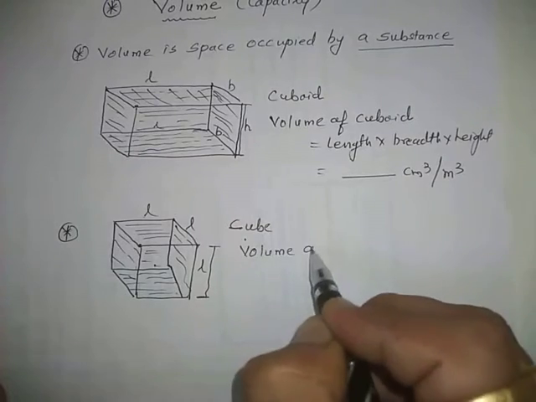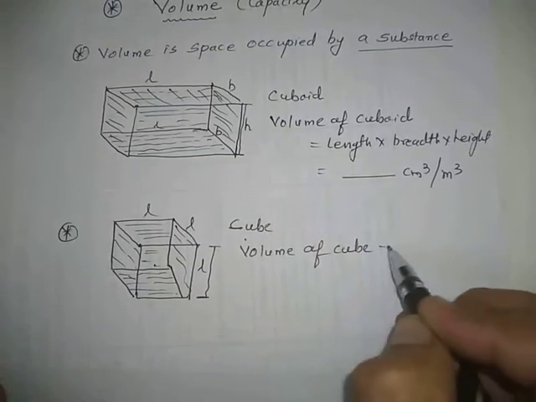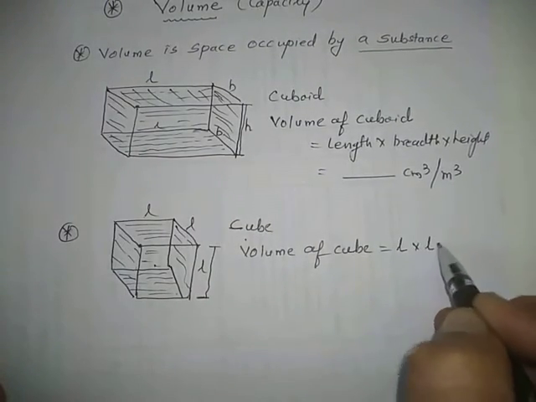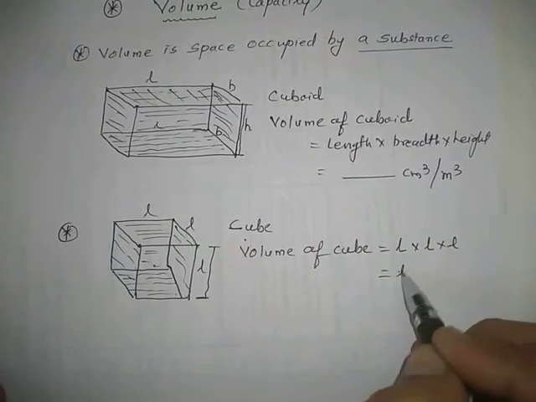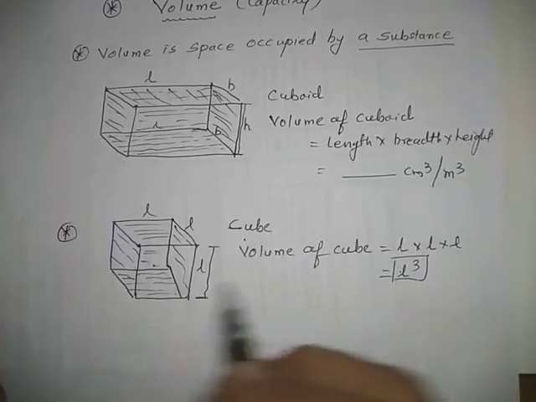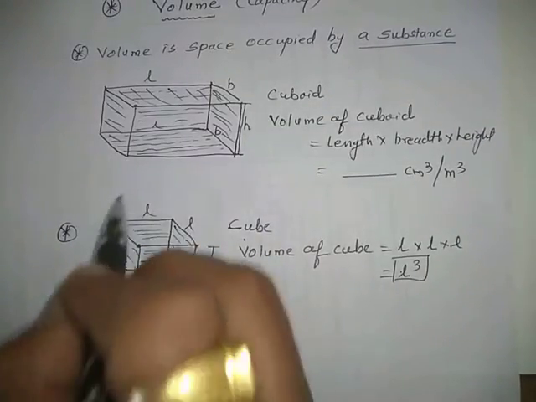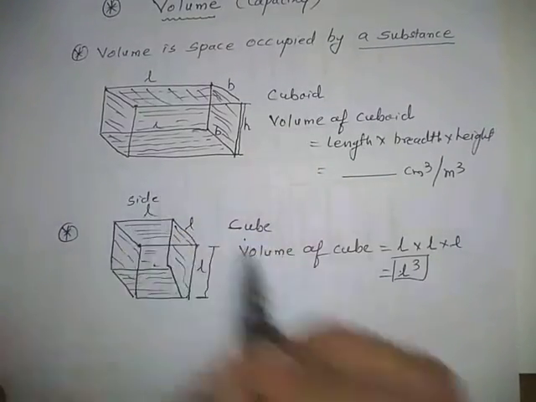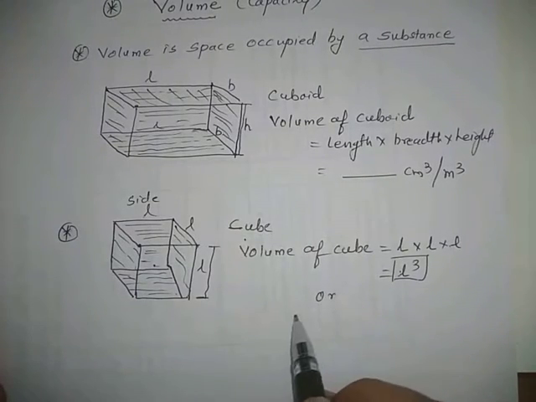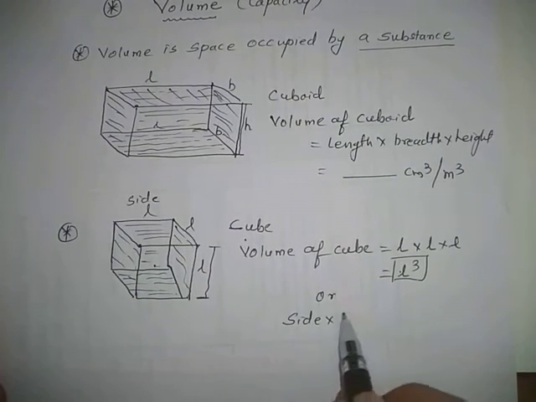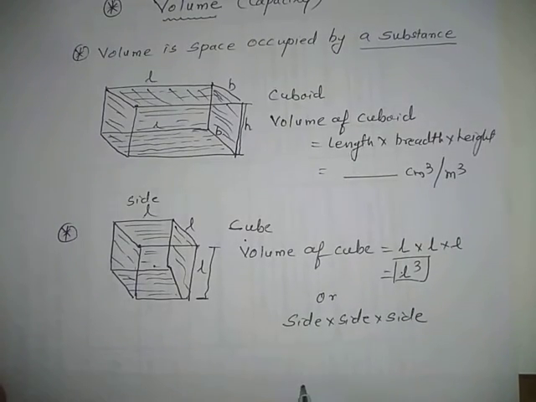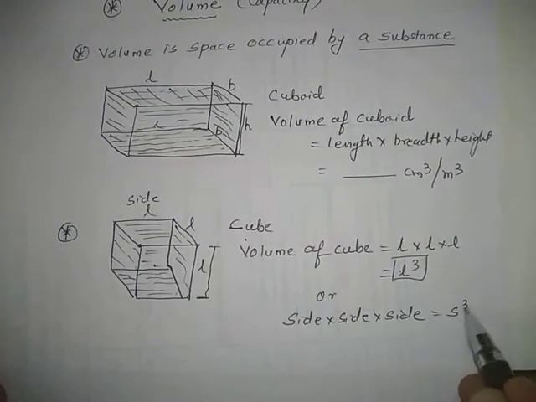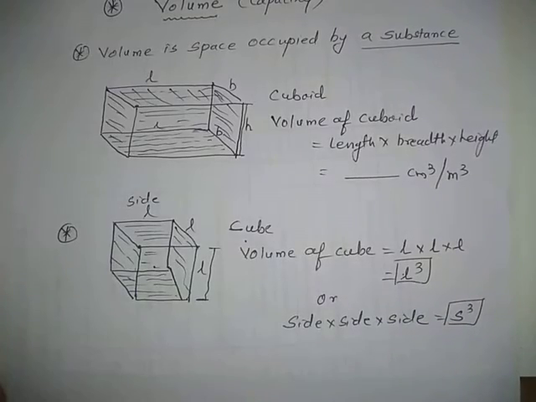Volume of cube is equal to L into L into L, means L cube also we can say, or if suppose we are saying side, so side into side into side. Okay, so side cube also can be written.